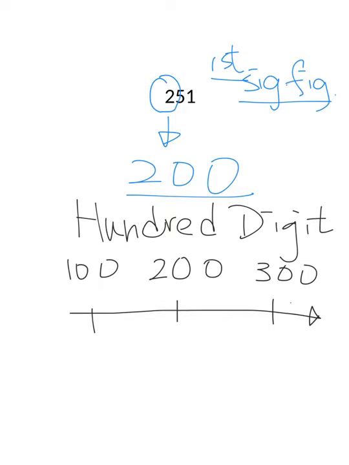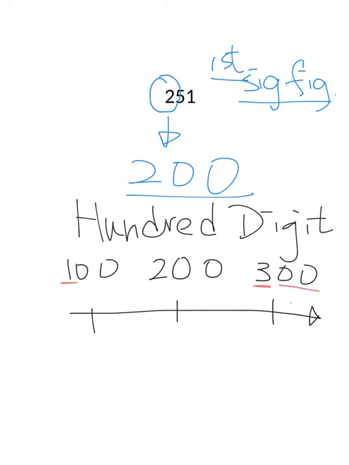The problem is that the 2 is in the 100 digit, the hundreds digit. And considering the 100 digit, the number before 2 should be 1, that is 100. And the number after 2 should be 3, that is 300.